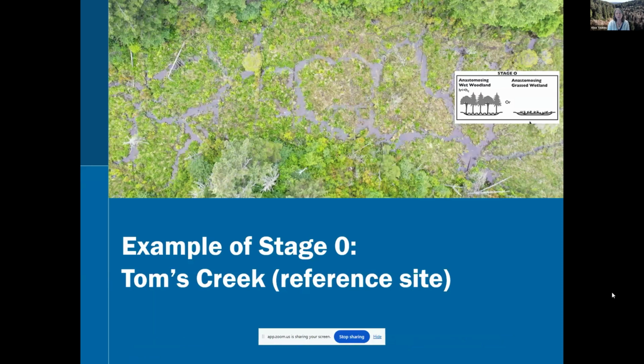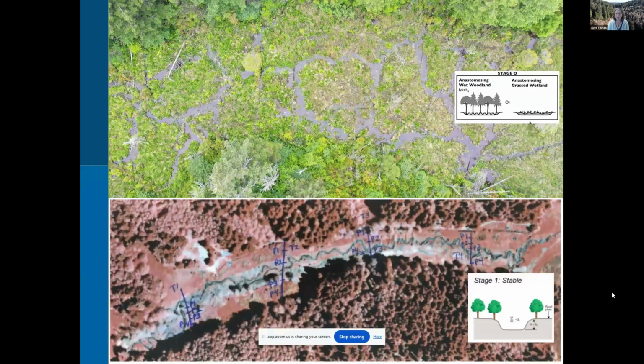Here's an example of that stage 0 state from South Slough Reserve. It's called Tom's Creek, and it's used as one of our reference sites in our monitoring program. You can see the difference between the complex flow pathways at the top and the single meandering channel below.